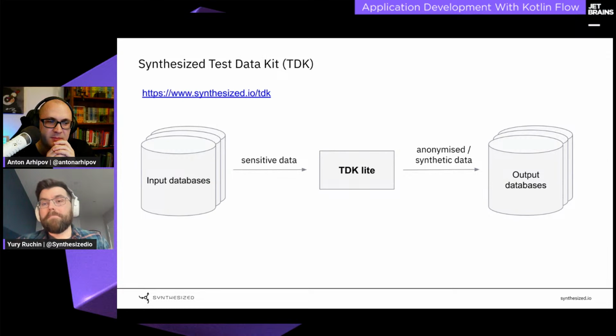So this manifold complexity is actually being tackled by the product named Test Data Kit, or TDK for short. And as I described it, even though it sounds kind of straightforward, it's a huge problem. That's why an entire separate product exists to address it.